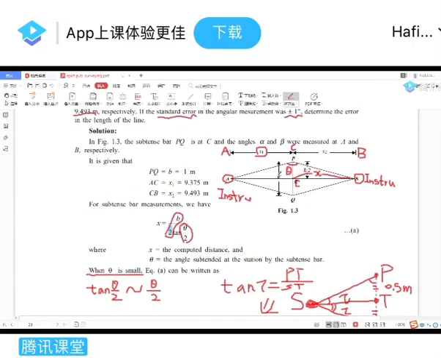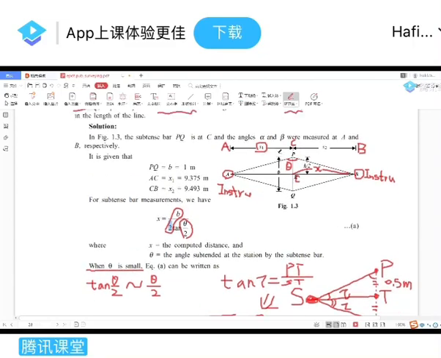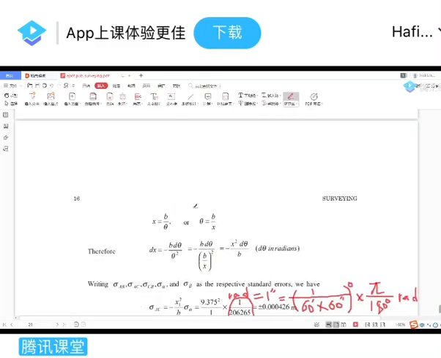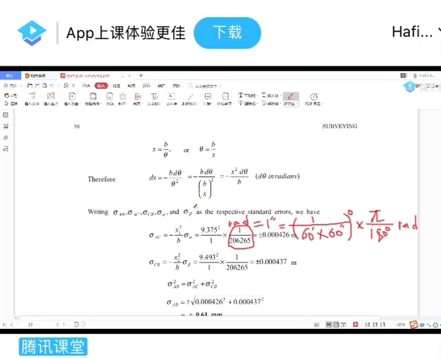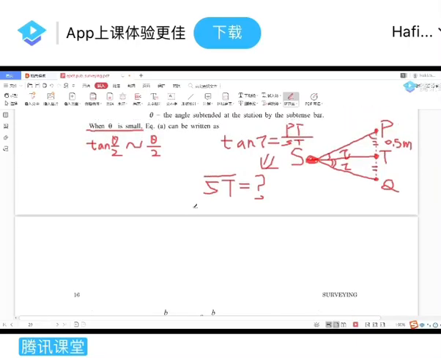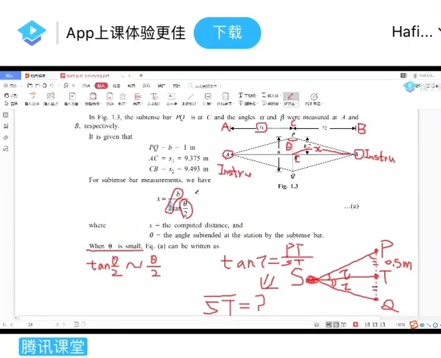So what you have to do now is, because B divided by 2, you already know the value of B. You already know the value of B, and let's continue. So you might wonder how to do this calculation.